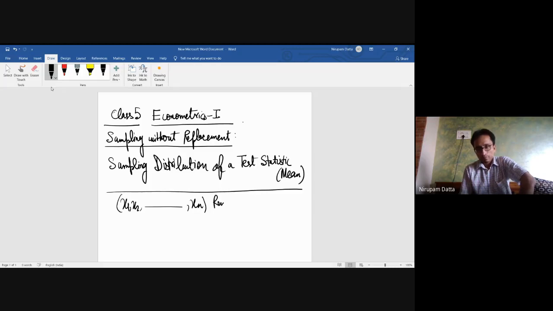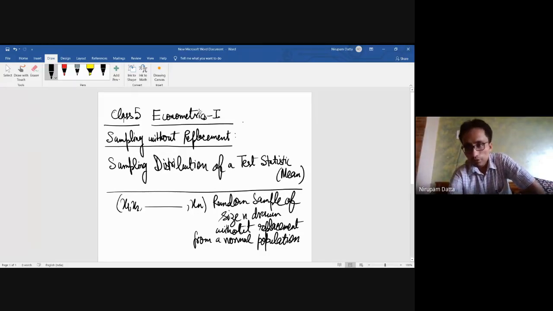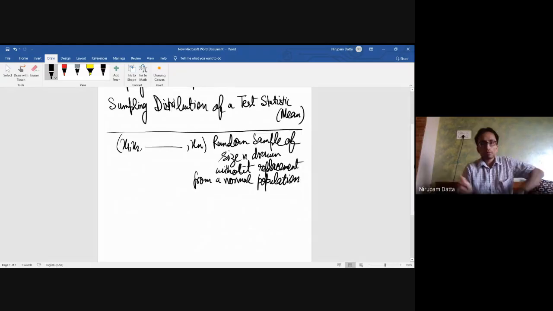This is a random sample of size n drawn without replacement from a normal population.